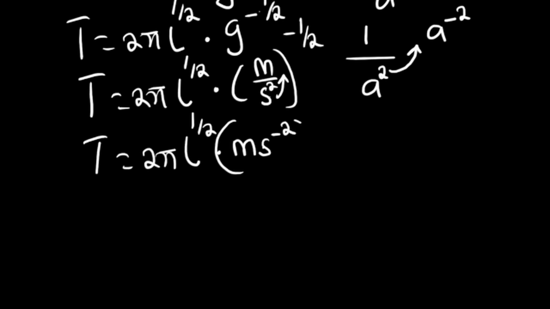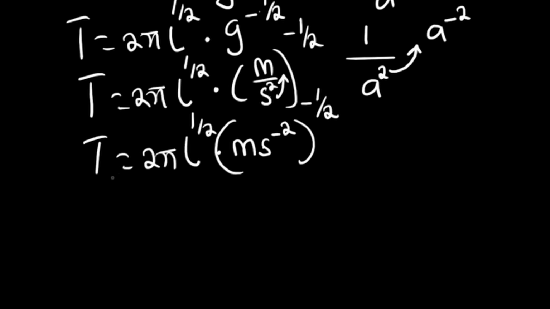Now remember that all these are being raised to the power negative 1/2. All right. So it's not yet time for us to substitute, but we shall do that shortly.